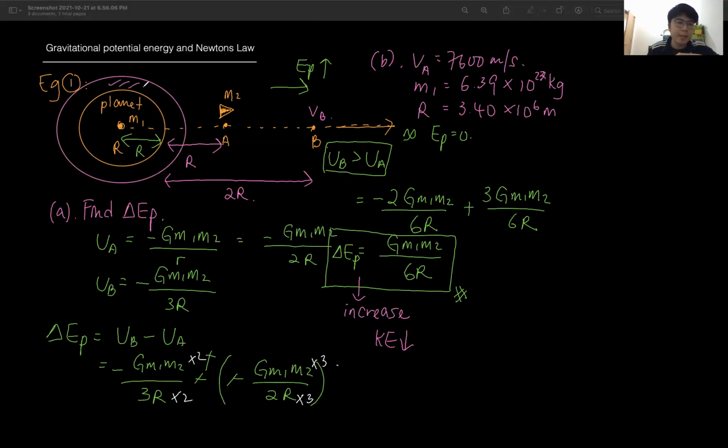Because resistance causes energy loss. So this is the atmosphere, the spacecraft is already outside, and there's no resistance due to air. So I can say my change in potential is equal to the change in my kinetic energy, EK, like this.